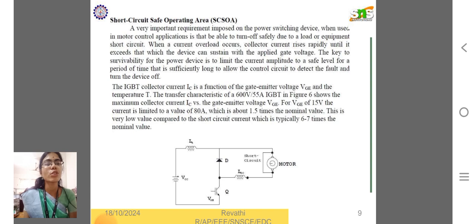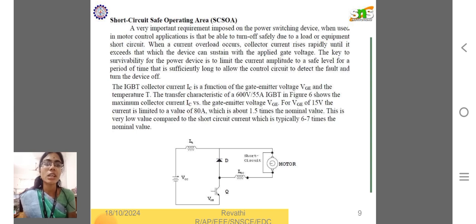A short circuit safe operating area is a very important requirement imposed on the power switching device when used in motor control applications. The device must be able to turn off safely due to a load or equipment short circuit when a current overload occurs. Collector current rises rapidly until it exceeds that which the device can sustain with the applied gate voltage.